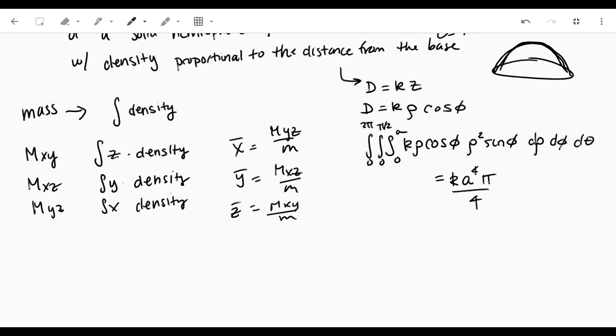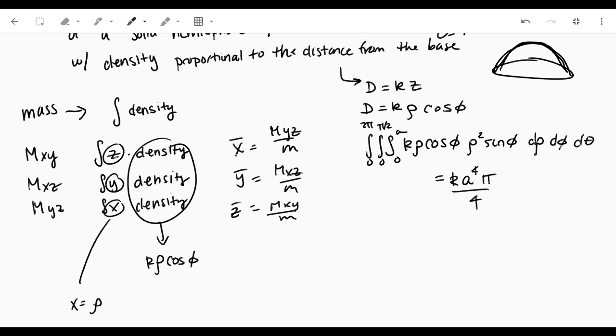Just make sure that when you use density, it should be k rho cosine phi. And then for your x, y, and z, make sure you swap out your polars. Use your conversions. X is rho sine phi cosine theta.